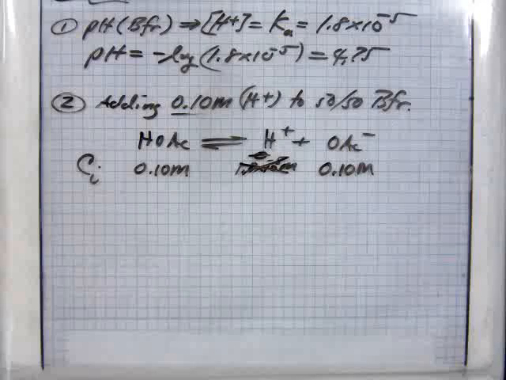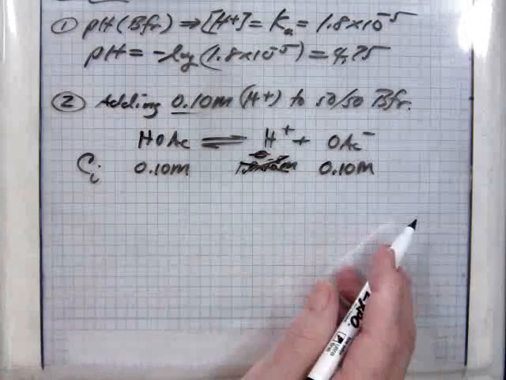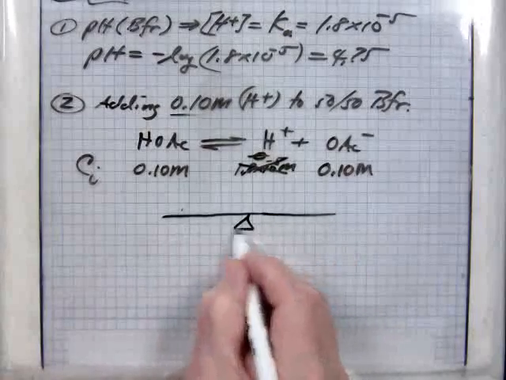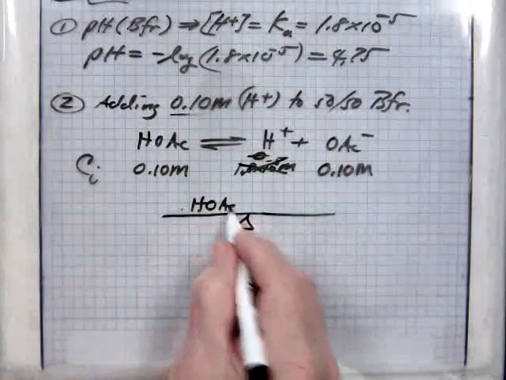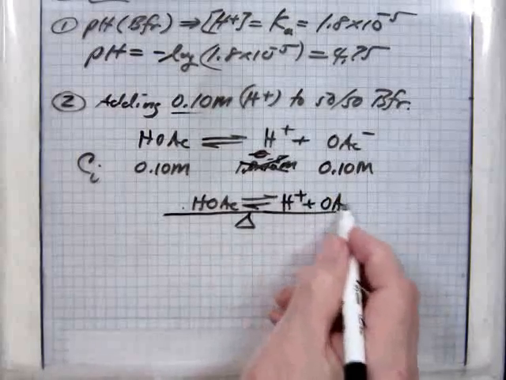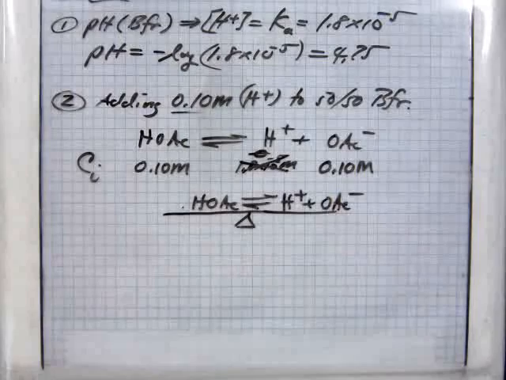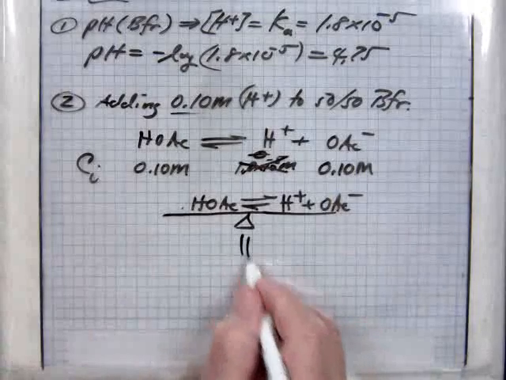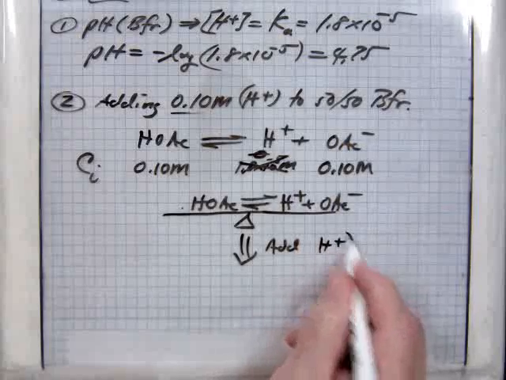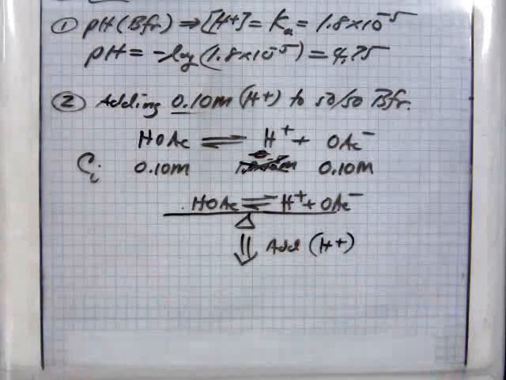Everybody listening to me carefully. So let's look at this from a seesaw standpoint. You have an HOAc in equilibrium with hydronium ions and the acetate ions. There's your buffer system right there. Now, what happens if you add hydronium ions to that? Which side gets heavier? The right side.